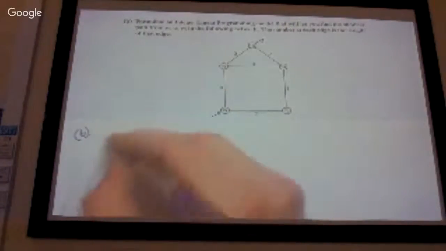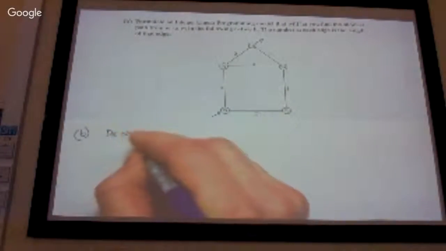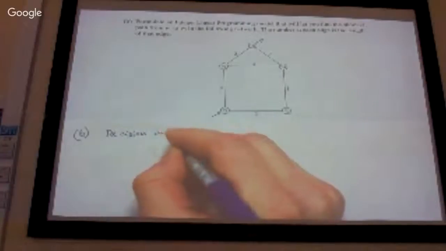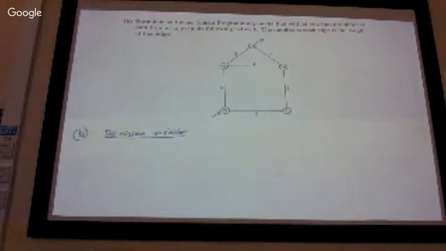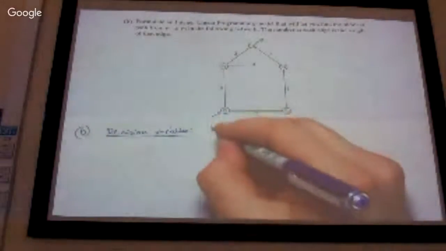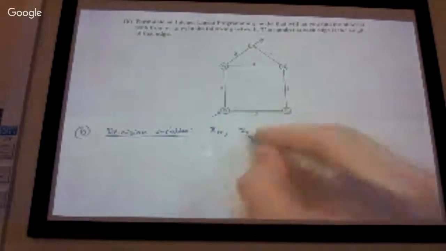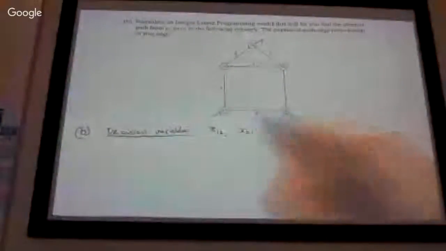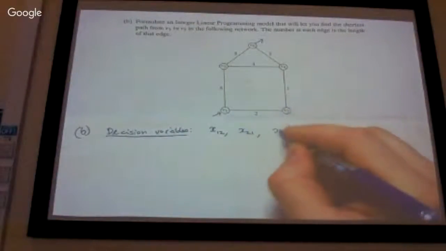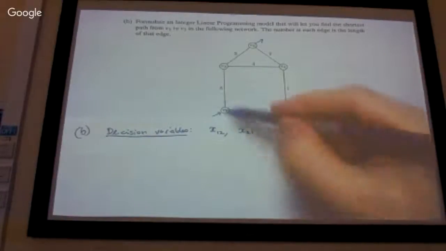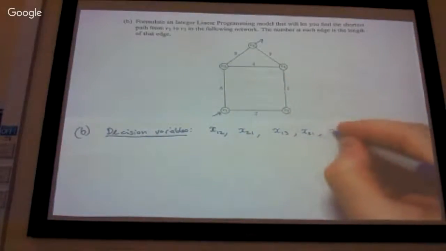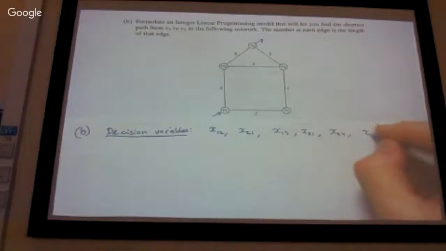So the decision variables, if I really want them all, are x1,2 and x2,1. Then for this edge I have x1,3 and x3,1. For this edge I have x2,4 and x4,2.